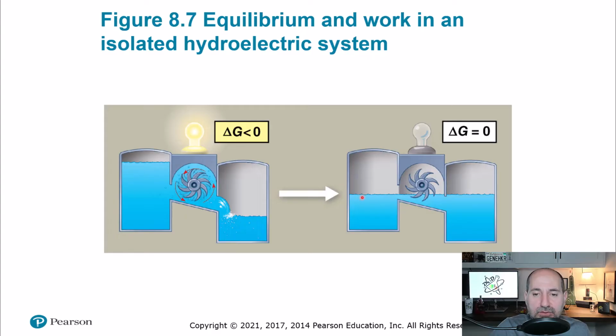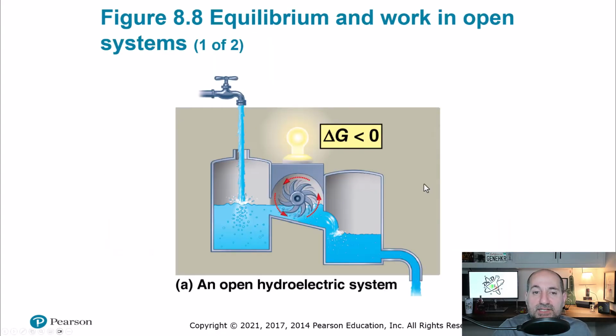Now, because it's a closed system, you can reach equilibrium quite easily. When the water levels out, there's no more potential energy on the left side to convert to kinetic energy towards the right side to power this hydroelectric system. And so the system will achieve delta G equals 0, will reach equilibrium. However, in an open thermodynamic system, like this open hydroelectric system, you're not going to reach equilibrium, right?